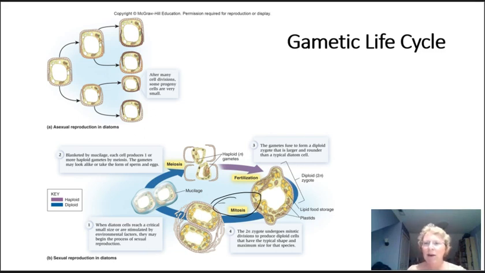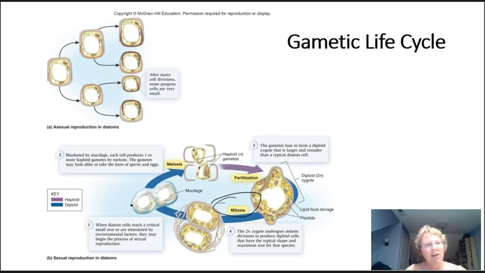So when diatoms reach a critical small size, or when environmental conditions get stressful, the cell undergoes meiosis to produce haploid gametes. So let's follow that where we are. Here we've got our diatoms. They're reproducing by mitosis to make more diploid diatoms.